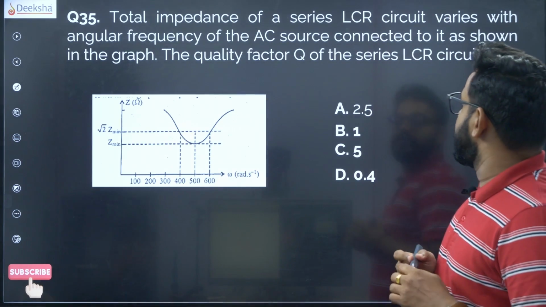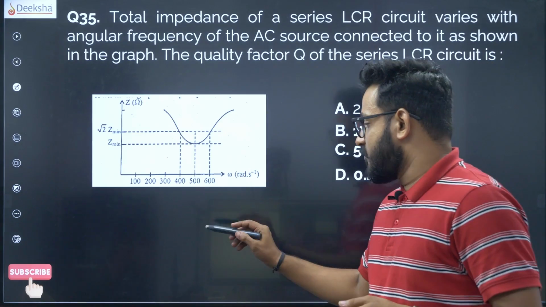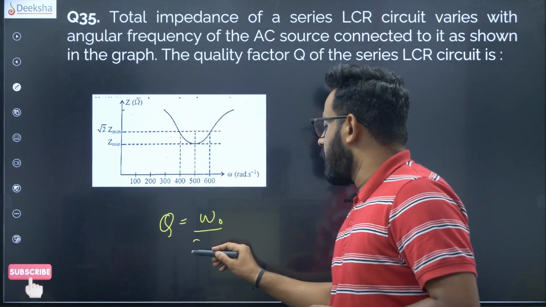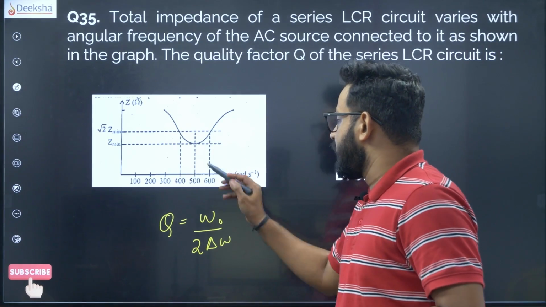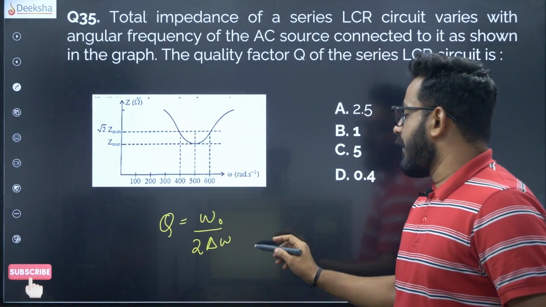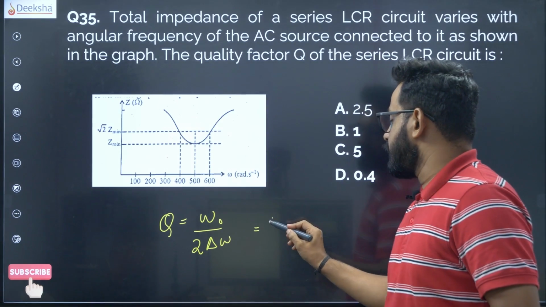So Q factor of the series is given by omega naught, the resonance frequency, divided by 2 delta omega, that is the variation. You can see omega naught is 500.